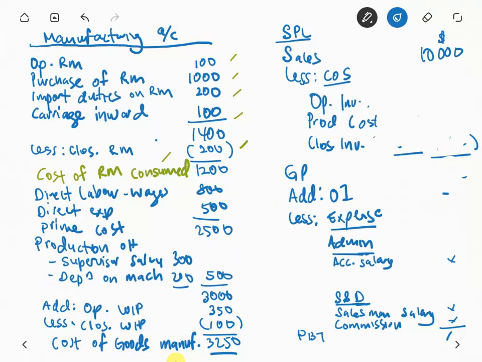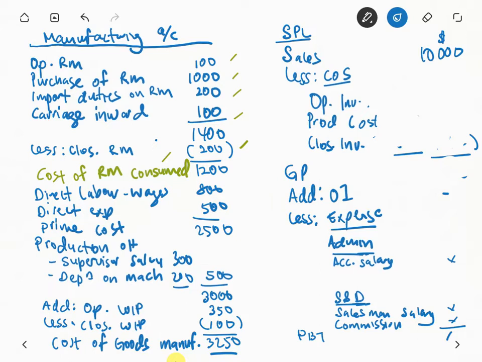Next week, we're going to add in another 2 more columns. Okay? So, manufacturing account, you just have to know material, labor, overhead. Material got how many items? Easily 4 to 5. Opening raw mat plus purchase of raw mat, import duties on raw mat, carriage inward, total up, less closing raw mat, cost of raw mat consumed.